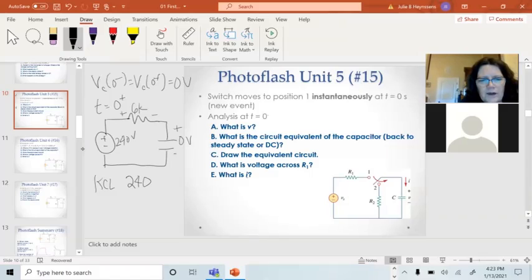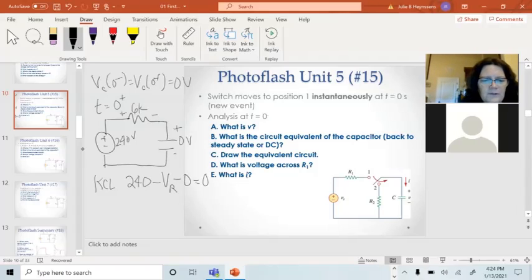Across the 6K ohm resistor, I don't know what the voltage is, but it's a drop in voltage because I'm going from plus to minus. So minus VR. And then across the capacitor, I'm going from plus to minus, so it's minus 0. If I wrote plus 0, it probably wouldn't matter.